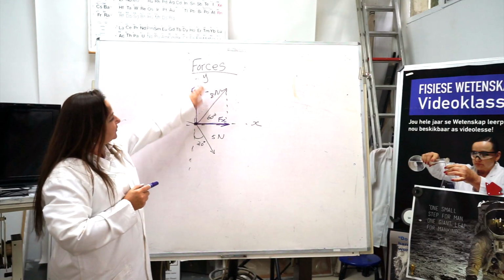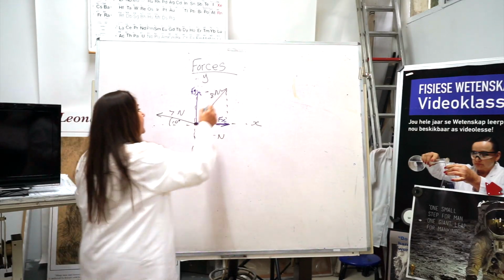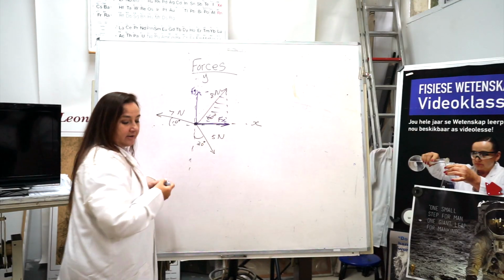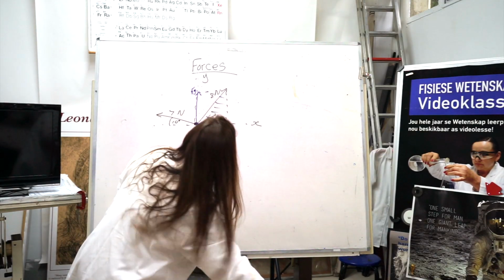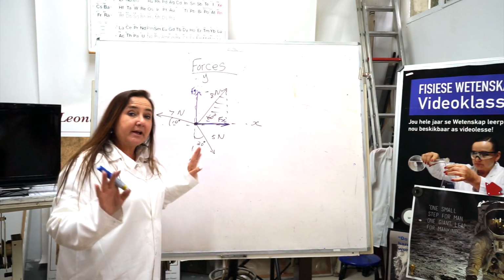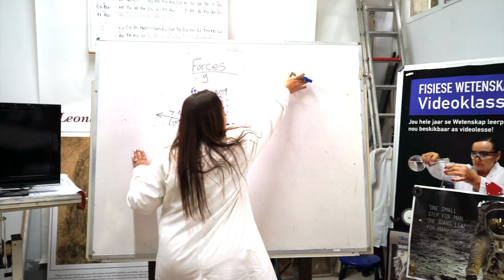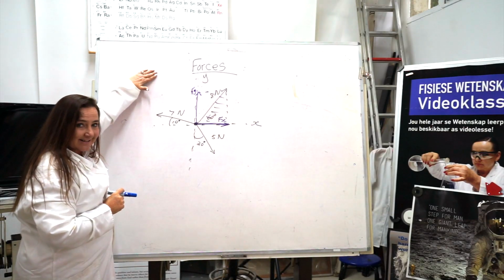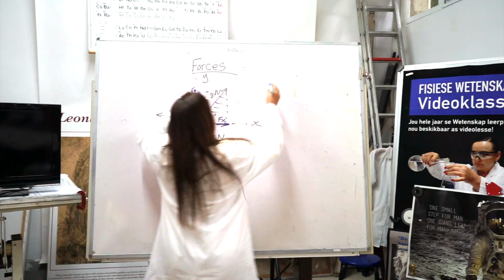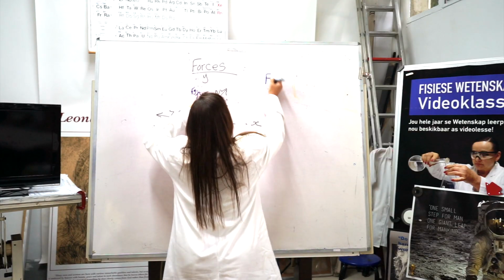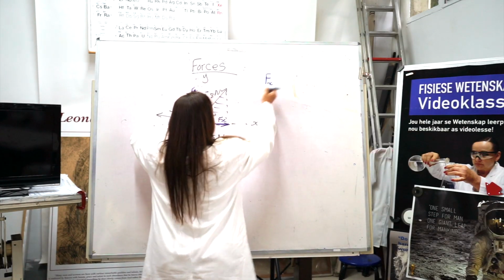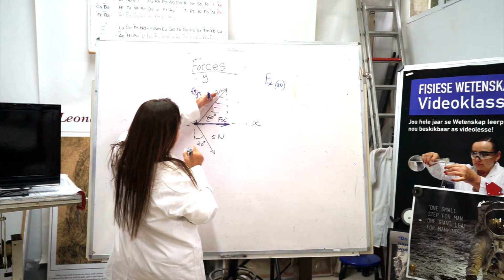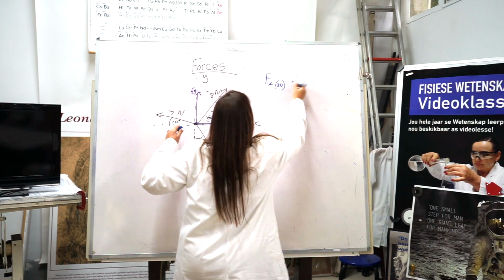So let's start with just this one. Remember what we have to do is we work in this triangle. So immediately I'm going to break them up. I'm going to do my x components on this side and my y components on this side. So for the Fx component of the 8 Newton vector, what did we learn just previously?